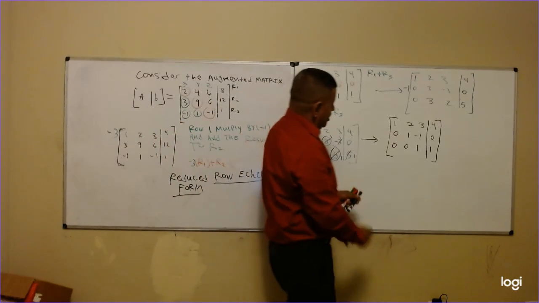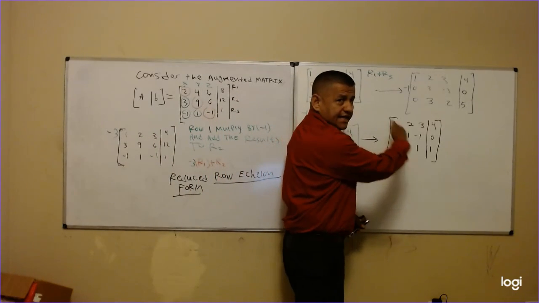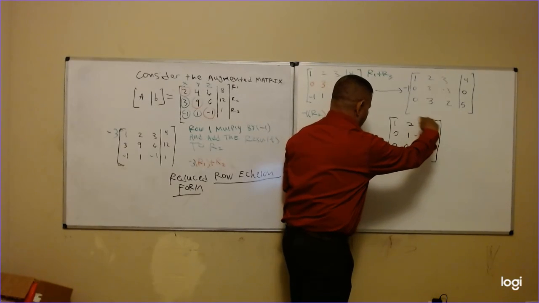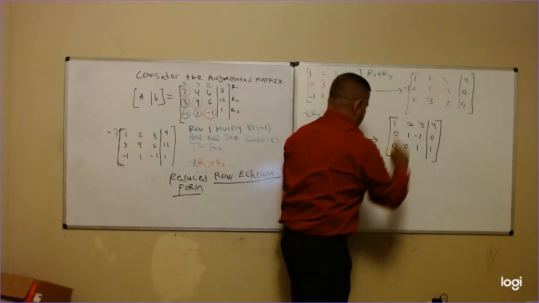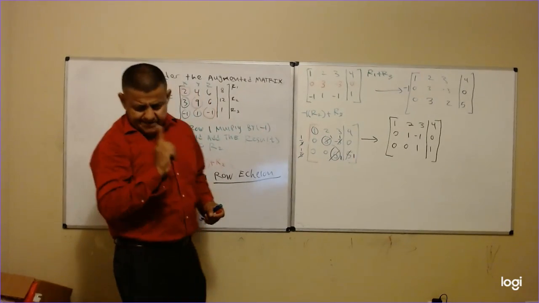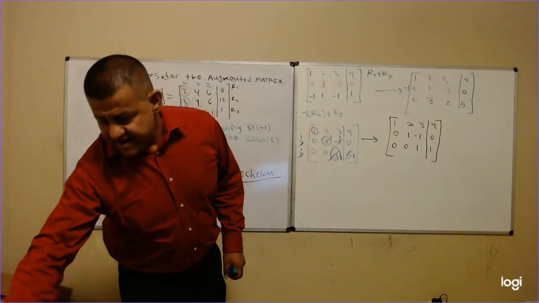So this is called row echelon. Why is it row echelon? Because I got 1 diagonally, 1, 1, 1, and 0, 0, 0 below, and I don't care about whatever is here. So that is the row echelon form.